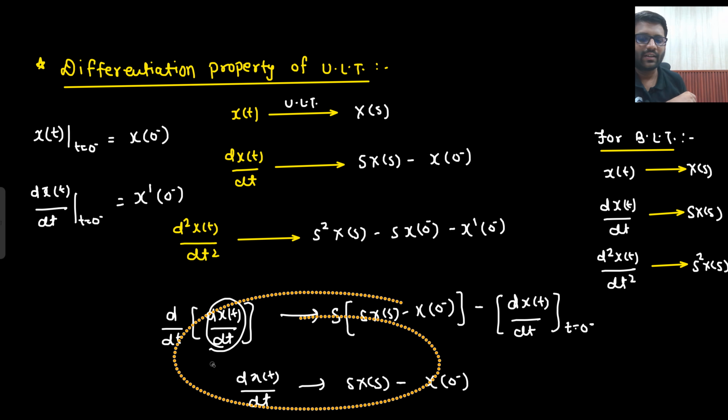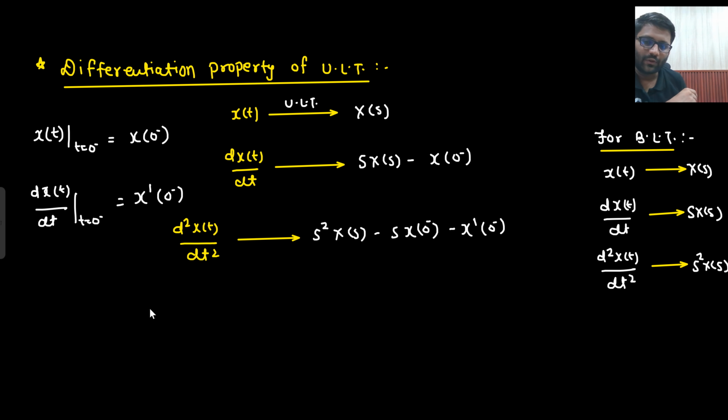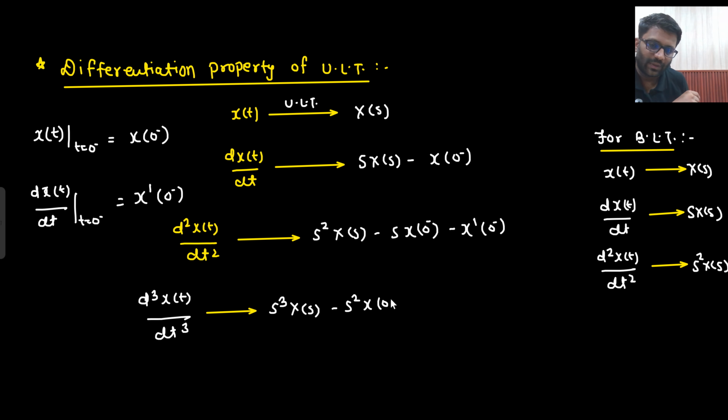So you can write it down somewhere. Okay. So in the similar manner, if I write down the Laplace transform of d cube x(t) divided by dt cube, that would be s cube X(s) minus s square x(0-) minus s x dash of 0 minus and then minus x double dash of 0 minus.